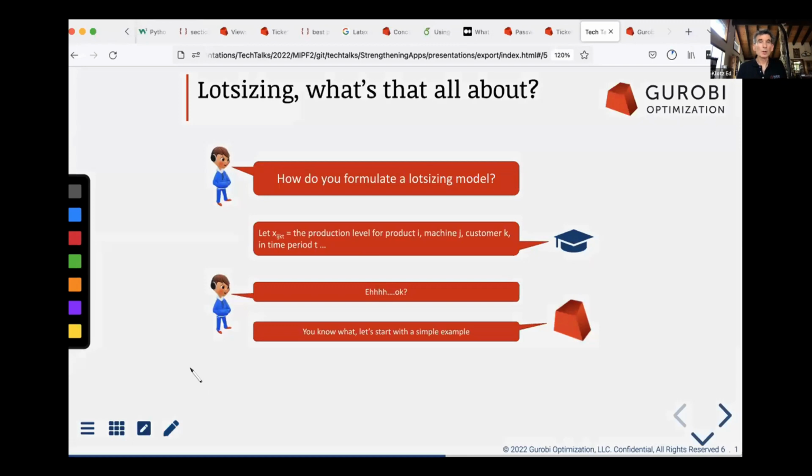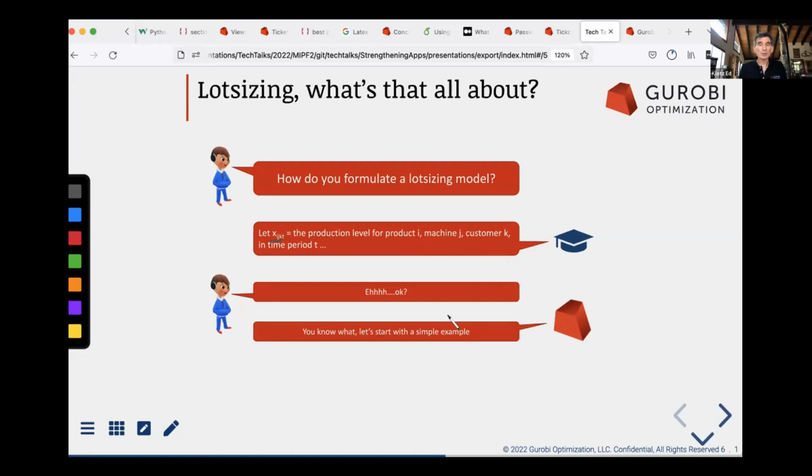So let's do one more example, and this is going to be about lot sizing. One thing in general when trying to understand models is to try to avoid diving in directly to the most general formulation of the model, where you immediately get hit with subscripts of four different indices and all sorts of complicated things.